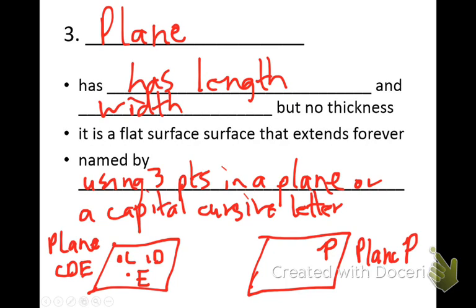And you do need to write plane in front of it because angles have 3 letters, planes have 3 letters, and you don't want to get that confused. So write the word plane and then the letter after it, or letters. Any questions on the undefined terms?